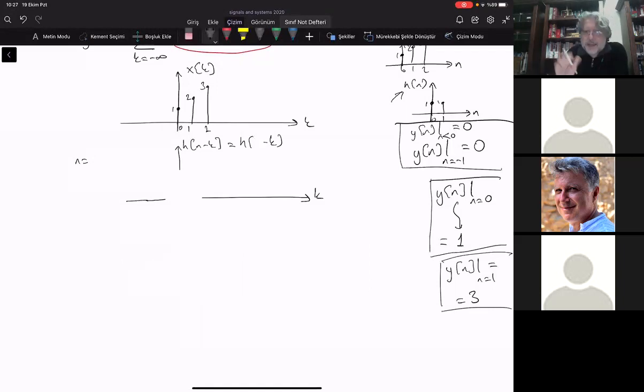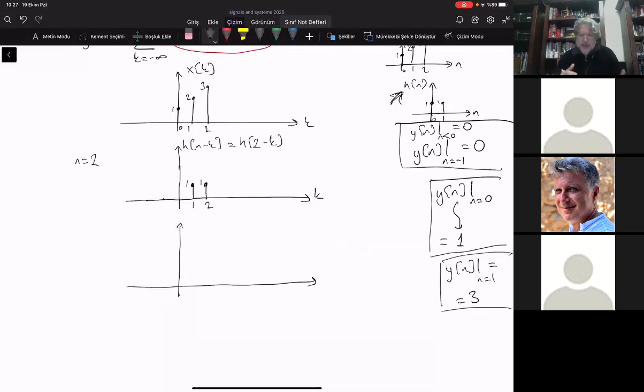So now let's shift again one further to the right and make n equal to 2. So h of 2 minus k. What is it? It is the flipped around version of this h, and shifted to the right by 2. And it will be this and this, sliding one by one at 1 and 2. Now, what is the multiplication of x of k and h of 2 minus k?